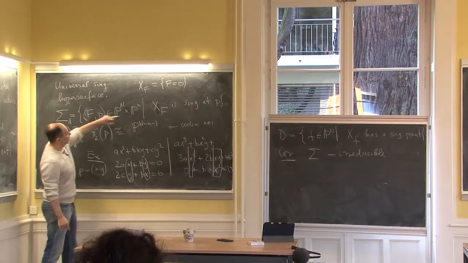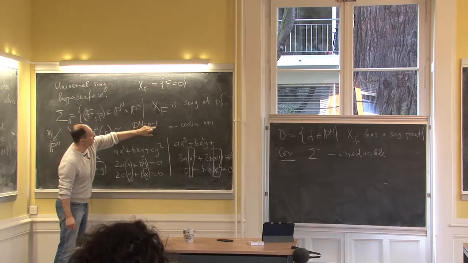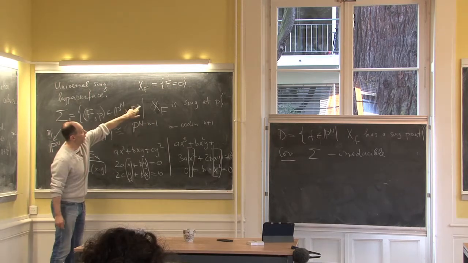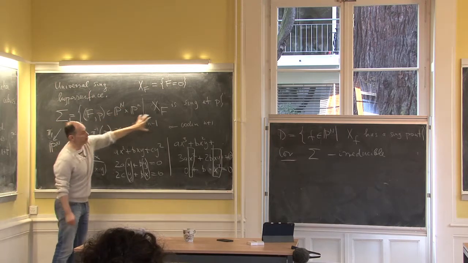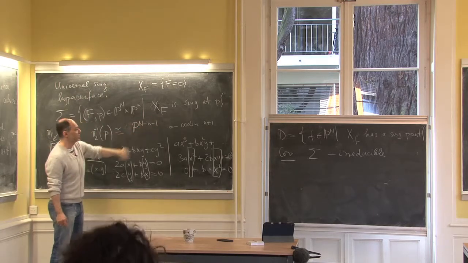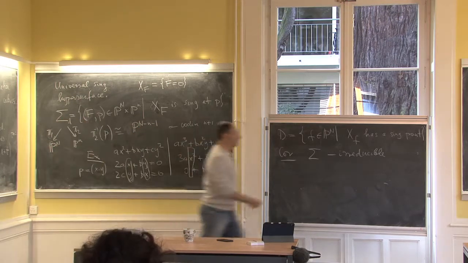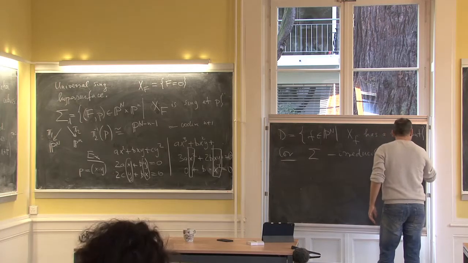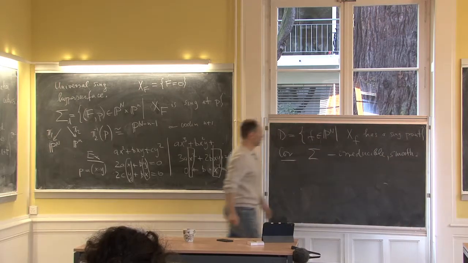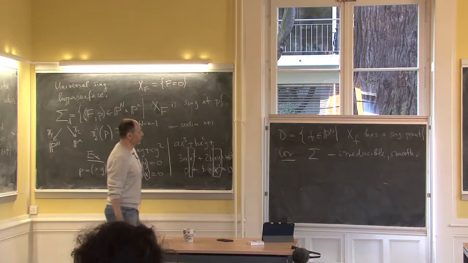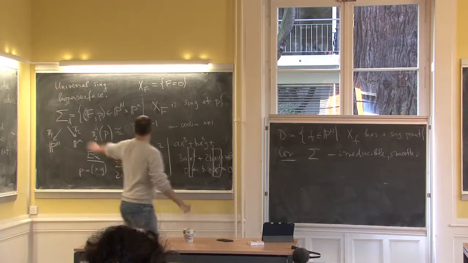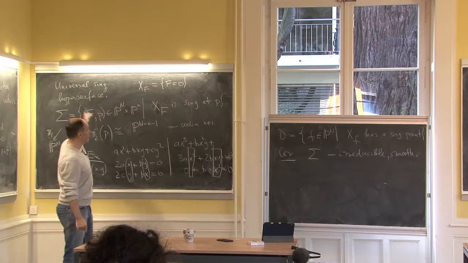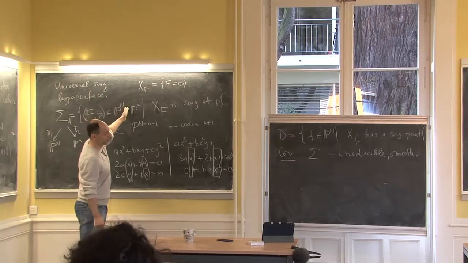This sigma is a P^(N-n-1) bundle over P^n. For each point P, we have a projective space of this sort. So it's not surprising that this is also smooth. So no matter how incredibly ugly this D could be, this sigma actually has a very beautiful structure of just a projective bundle on a projective space.